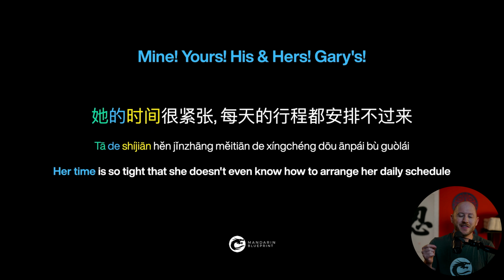And so the way that this sentence ends, 安排不过来, I love that because when you say 安排不过来, that means that even trying to plan doesn't work. It won't come to you trying to plan. I like that. So you'll see these are great ways to utilize Chinese in a way that's how people actually speak. A lot of times with Chinese courses, there's a bit too much emphasis on a perfect formal way to say it, but a lot of times this is how people will actually say something.